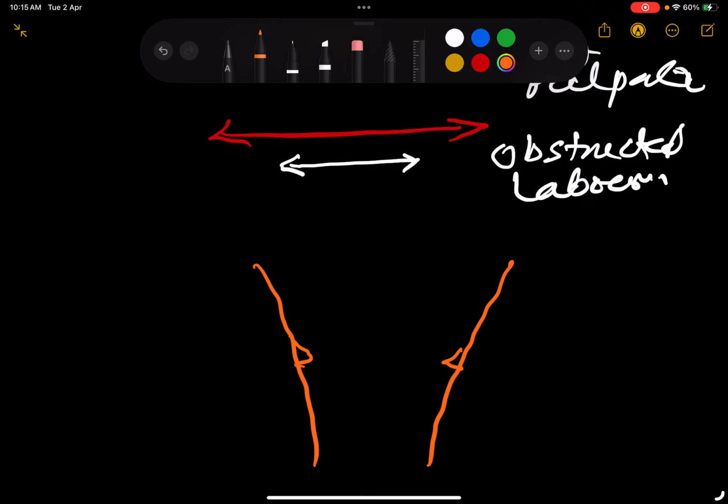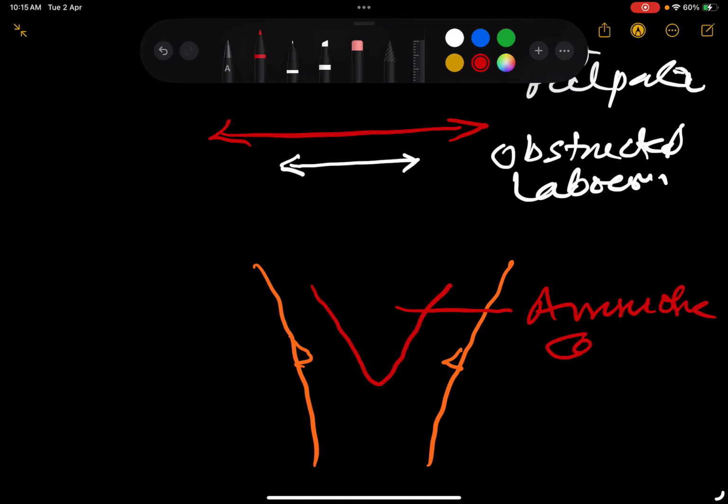Now this dilatation and taking up is aided by an intact amniotic cavity. Because of the entire contraction of the uterus, the pressure is transmitted, and this amniotic sac keeps on wedging between the cervix and dilating it.